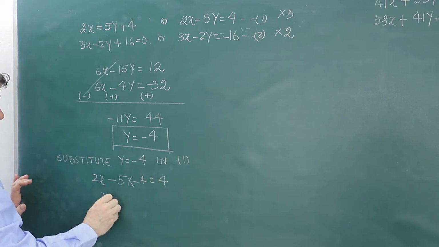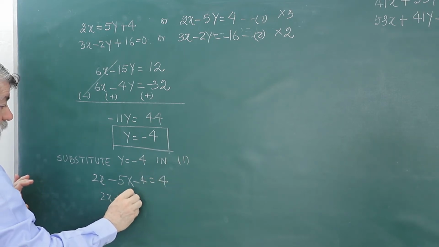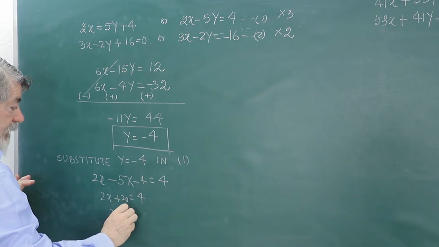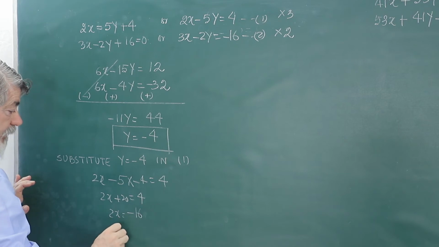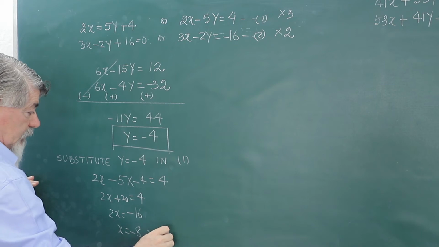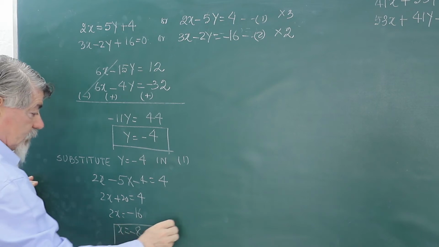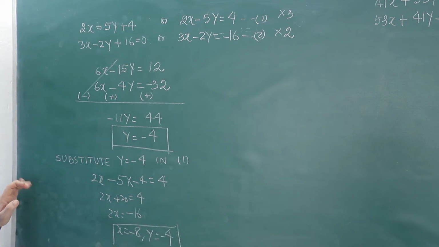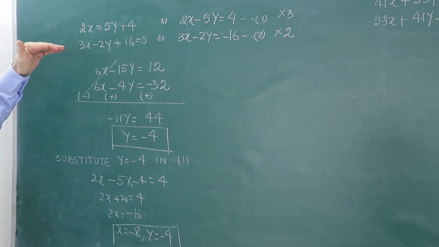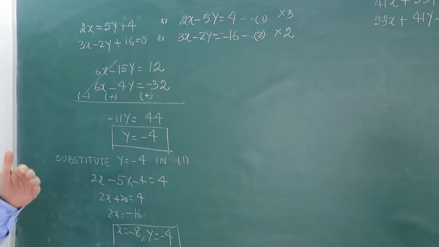So 2x plus 20 is equal to 4, or 2x is equal to 4 minus 20, that is minus 16. So x is equal to minus 8 and y is equal to minus 4. I have got the solution, x is equal to minus 8, y is equal to minus 4. In elimination, I told you, you make either x terms equal or you make y terms equal.